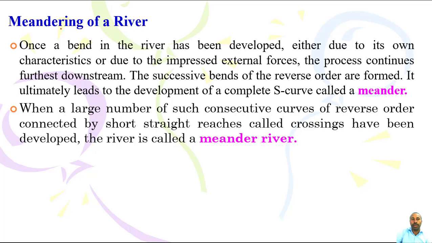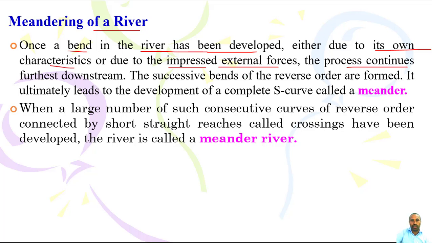What will be meandering of a river? What does it mean? Once a bend in a river has developed, either due to its own characteristics or sometimes due to impressed external forces, then when the flow goes through the bends, due to centrifugal action the river is widening.